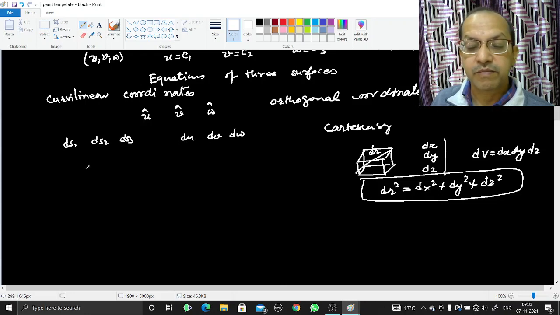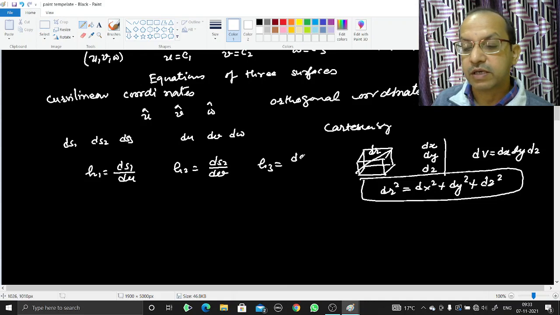These factors may be defined as h1 equal to ds1 by du, h2 equal to ds2 by dv, and h3 equal to ds3 by dw. Or you can say ds1 equal to h1 du, ds2 equal to h2 dv, and ds3 equal to h3 dw.